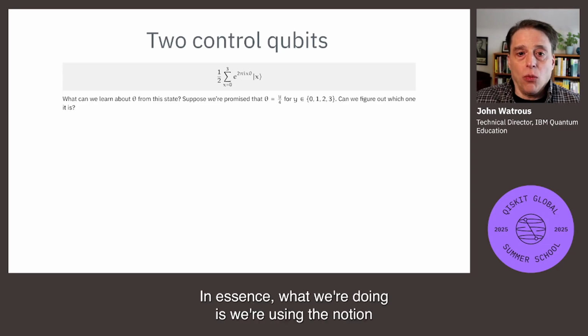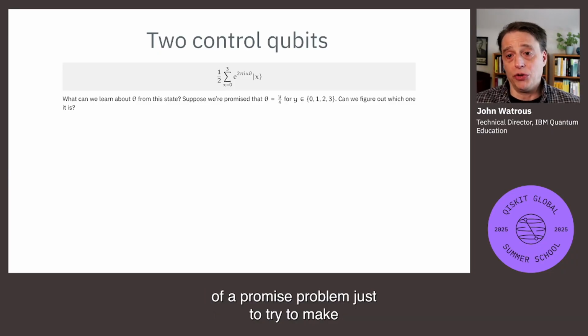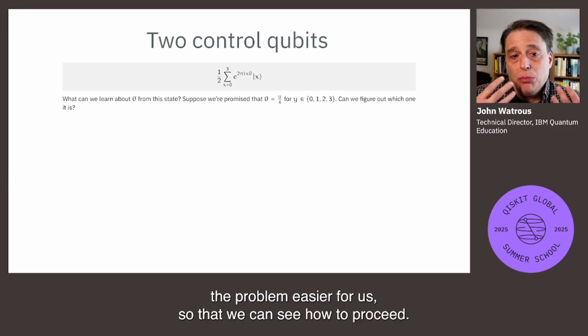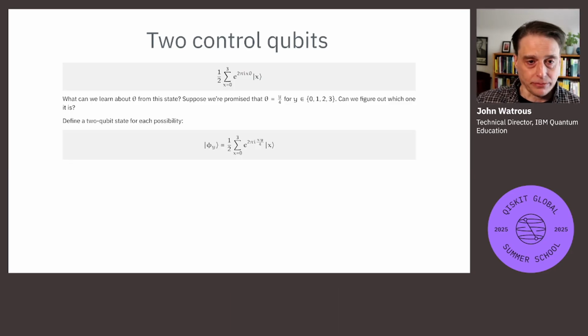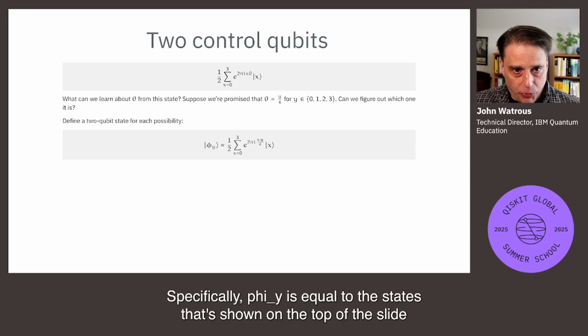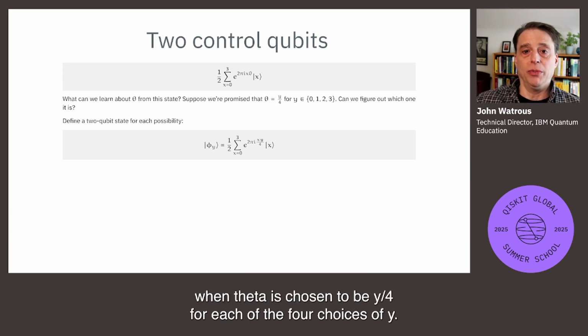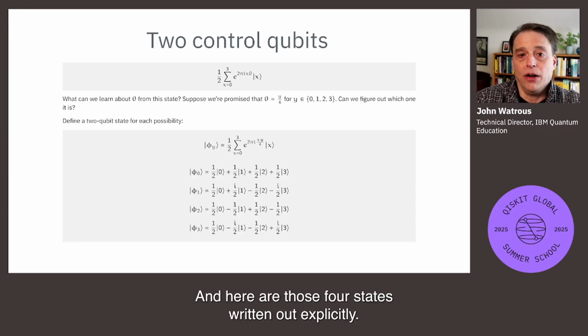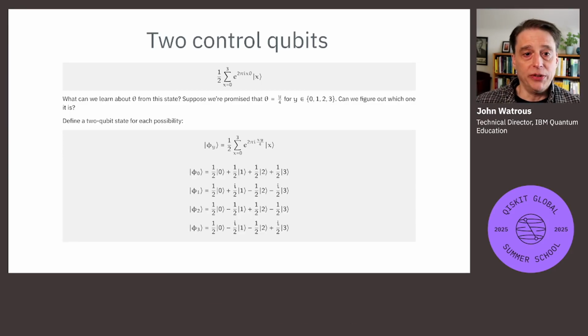In essence, what we're doing is we're using the notion of a promise problem just to try to make the problem easier for us so that we can see how to proceed. Let's define a 2-qubit state for each of the possibilities. Specifically, phi y is equal to the state that's shown on the top of the slide when theta is chosen to be y/4 for each of the 4 choices of y, and here are those 4 states written out explicitly.